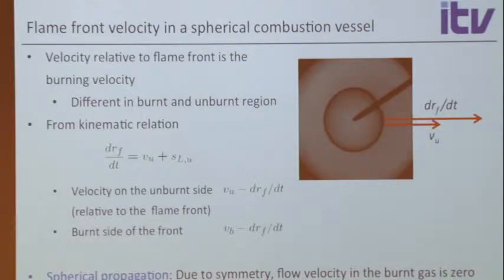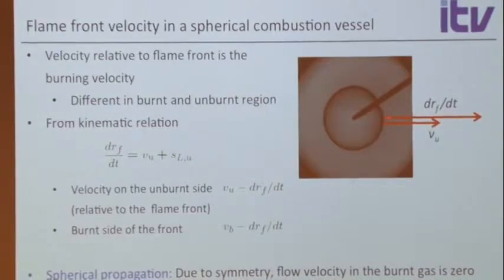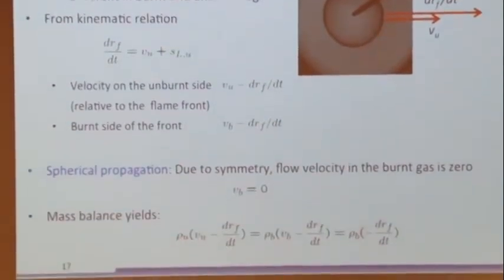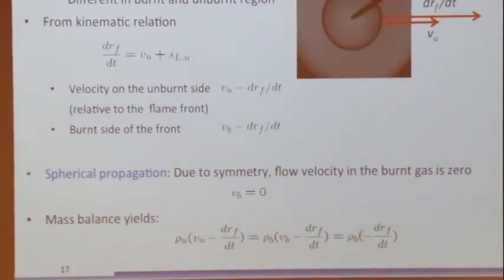And then on the burned side it is VB, the velocity in the burned, minus rdot. These are the velocities that come into the flame and go out of the flame. And if you again do the mass balance across the flame, then you have the density in the unburned times the velocity in the unburned equal to the density in the burned times the velocity in the burned.